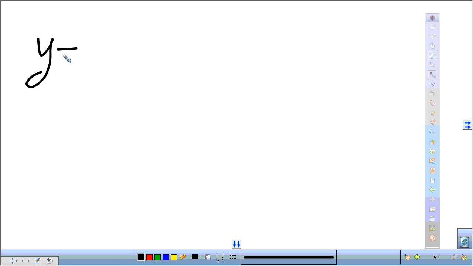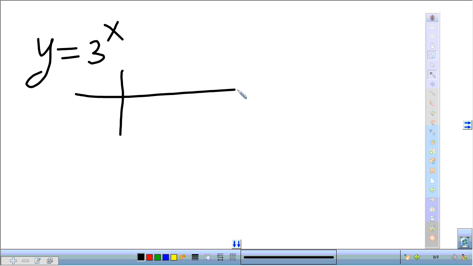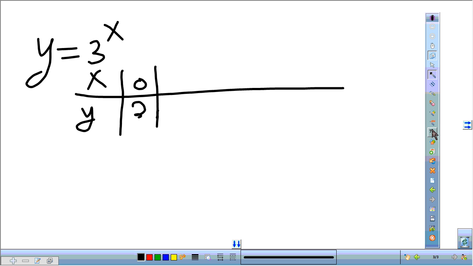So, if we look at y equal 3 to the x, and then consider graphing some points. At 0, the value is 1, which for a basic exponential, if we make the exponent 0, 3 to the 0 or any base to the 0 would be 1.